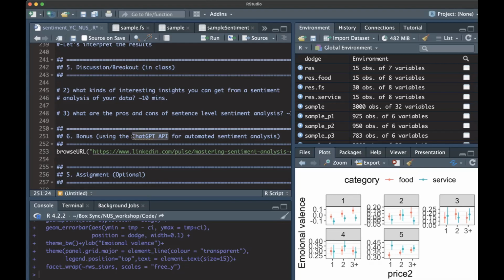And if the agreement tends to be high, then you can use the API. That's my suggestion. And based on my personal experience, I think OpenAI's API is quite accurate, especially when we are talking about non-English text.